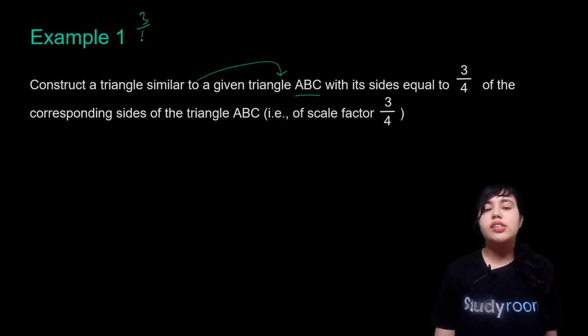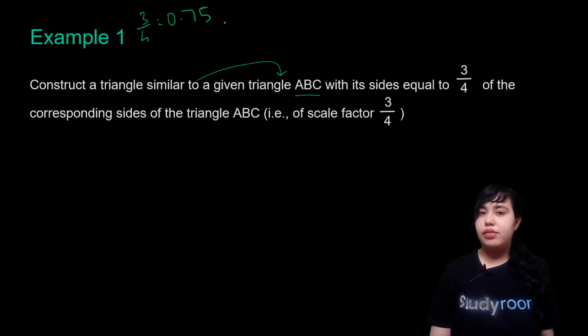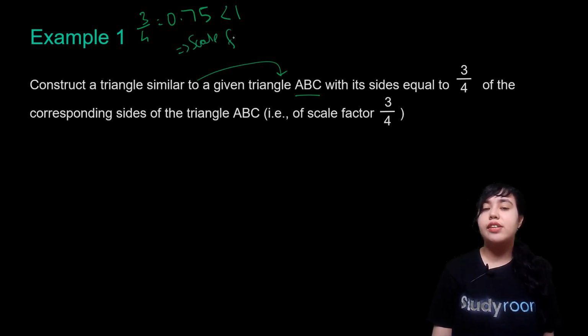If you convert 3 by 4 into decimals, you get 0.75. Is 0.75 greater than 1 or less than 1? Obviously it is less than 1. So this gives you a scale factor less than 1. That means the triangle that you are constructing is smaller than your given triangle.